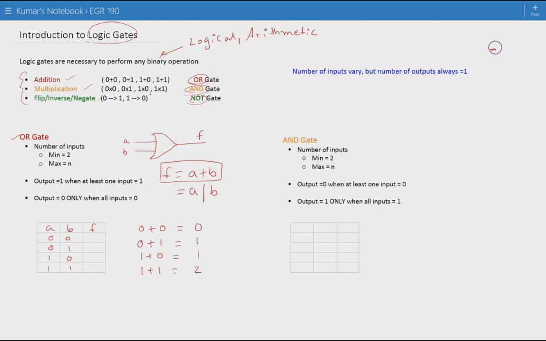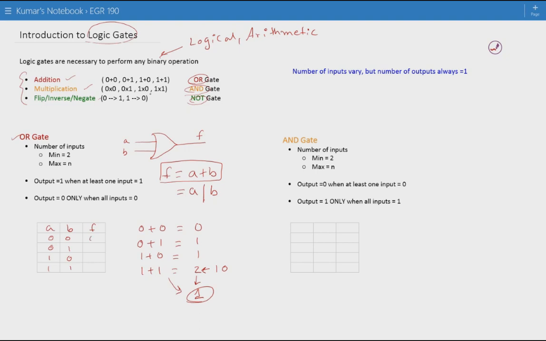But we have only one output, and we cannot represent 2 in binary, which is a 1, right? So what we do is we take the maximum possible for an output. The maximum of 2 that we can represent in 1-bit binary is 1. So we write that 1 in for 1 plus 1 as well.